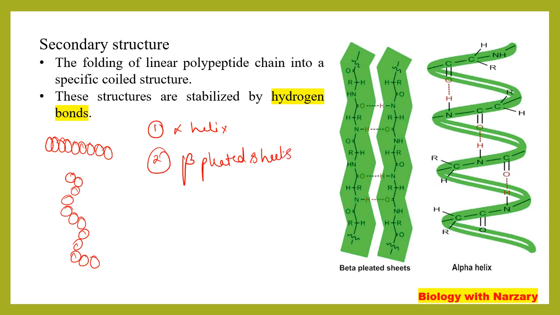You see here in this figure, this is the structure of alpha helix, and here is the structure of beta pleated sheets. And these structures are stabilized by a bond known as hydrogen bond. And this hydrogen bond forms between the carbonyl oxygen and the amide hydrogen of the polypeptide backbone. So when a linear polypeptide chain folds into a specific coil structure, it gives the secondary structure of the protein.